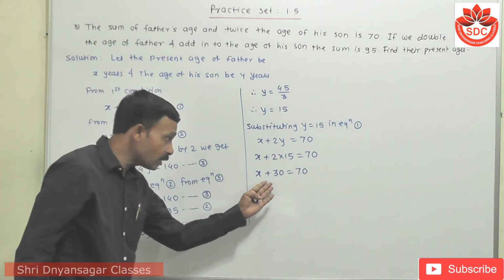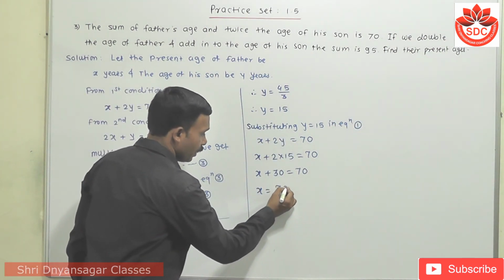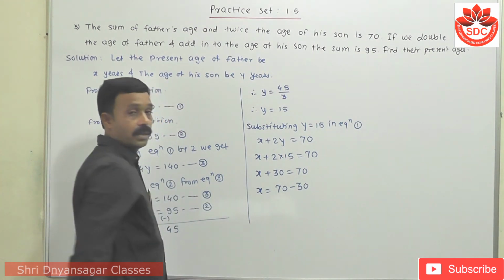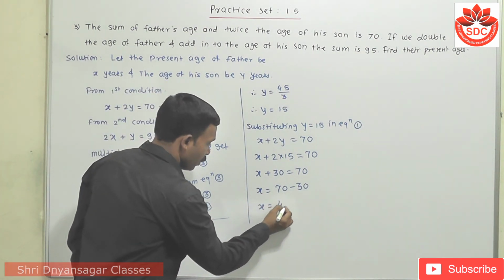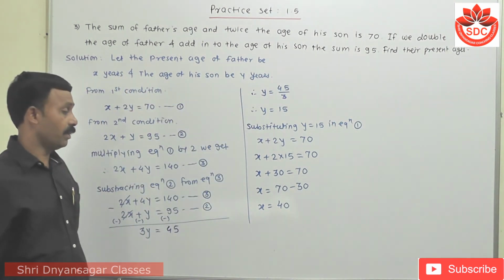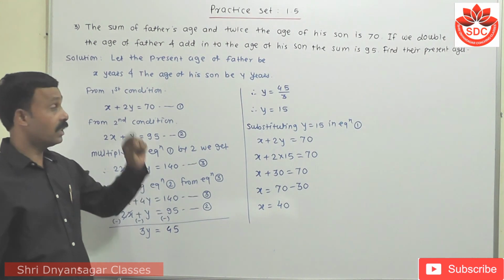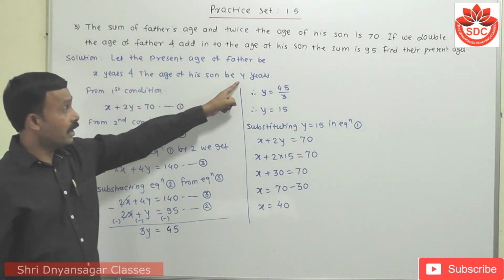Then transpose this 30 to the other side. This is minus, means 70 minus 30. Then the subtraction is 40. Okay, means that the value of x is 40 and the value of y is 15. Means x is the present age of father and y is the present age of his son.